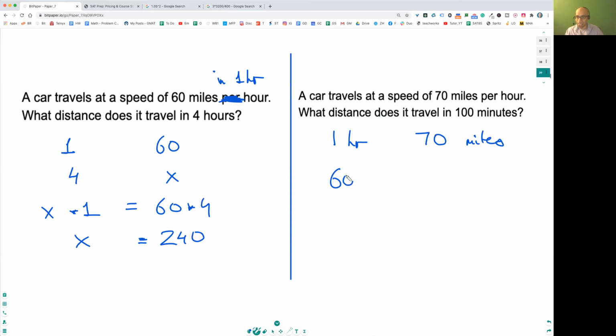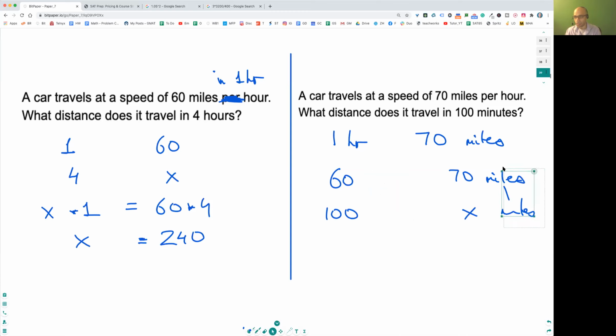Okay, so that's 60 minutes. So at 60 minutes, you travel 70 miles. And again, you're going to set up this exact cross multiplication example, right? What distance does it travel in 100 minutes? So 100 minutes is going to be x miles. Okay, so now you got miles to miles, minutes to minutes, like this. So you've set it up correctly.